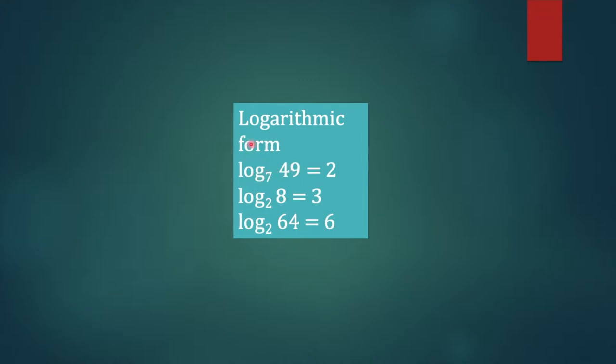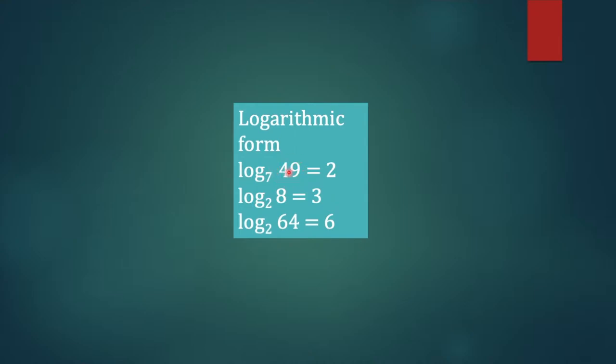We also come across this type of expression, which is called logarithmic form, that is, log base 7 of 49 equal to 2, or log base 2 of 8 is 3, or log of 64 with base 2 is 6. What it means is that this equation asks the question: what will be the power of 7 to become 49?